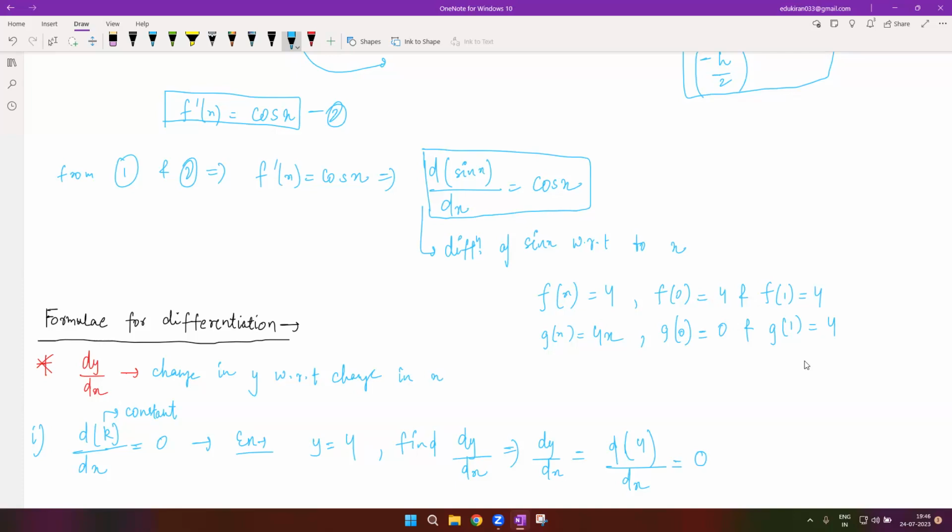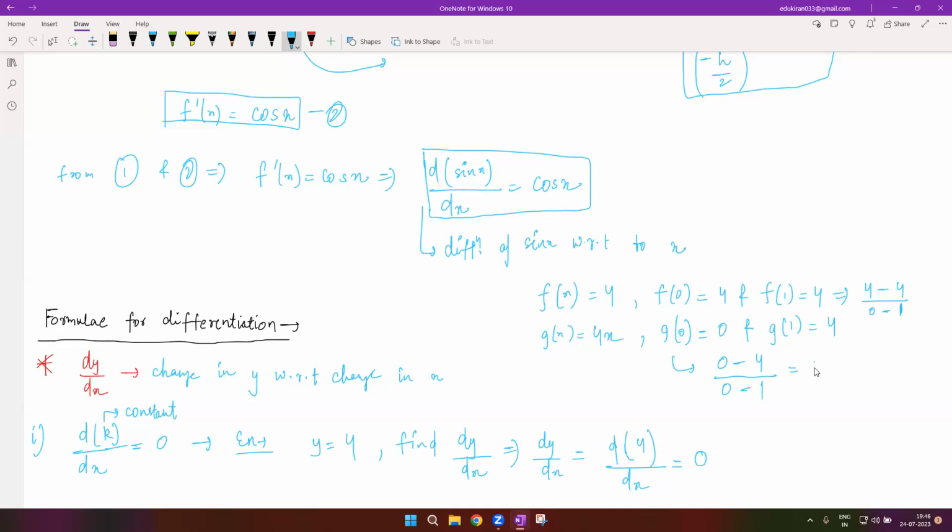So if you see change in output divided by change in input, for the first function, the output was 4 before and 4 after. The input was 0 before and 1 after. Again, in the second case, the first output was 0, the second output was 4. So the change in output is this, and the change in input is this.